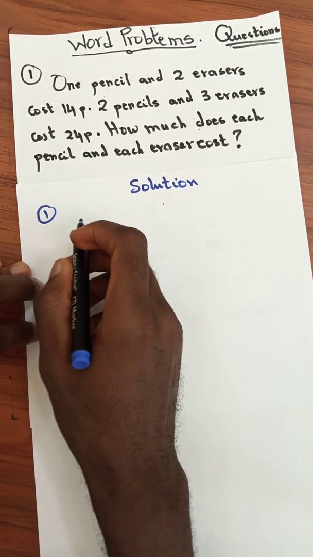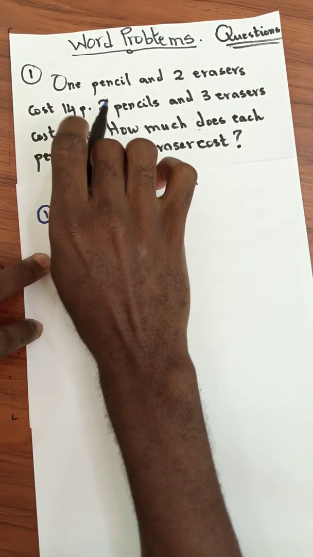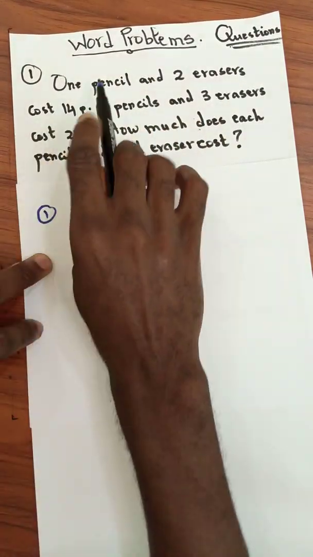How do we go about it? So we'll now assume some variable for both items here. We have pencil and eraser.